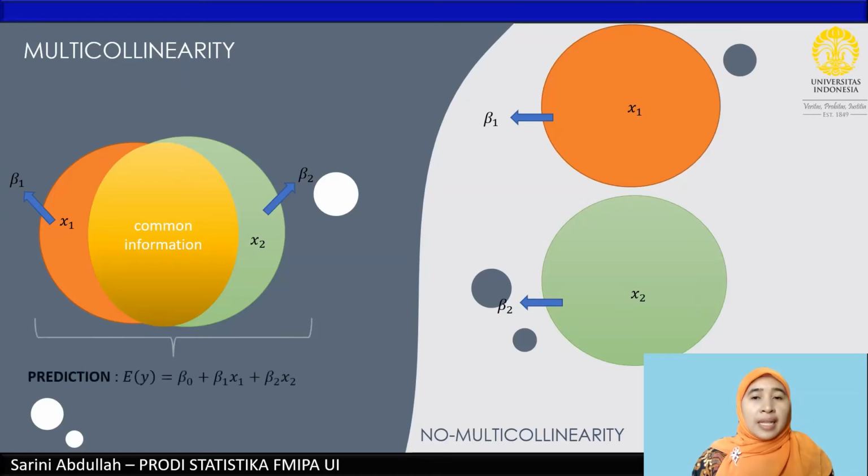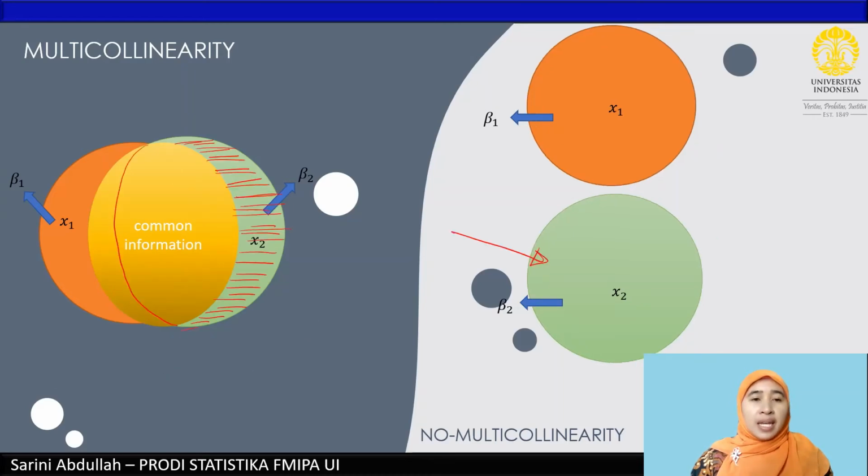So that's why in this case, we say try to avoid the separate interpretation of x1 or x2 in the model when there is multicollinearity, because we might be surprised why the contribution is so small.